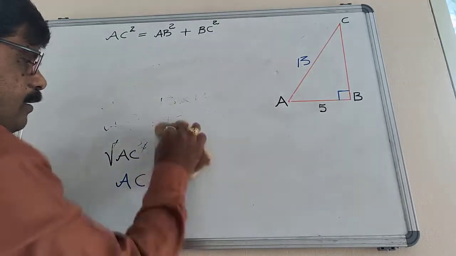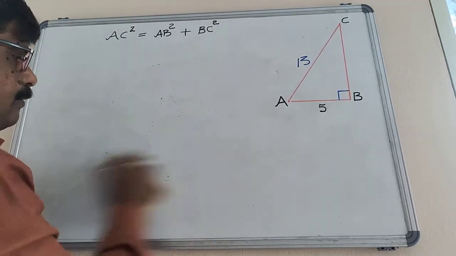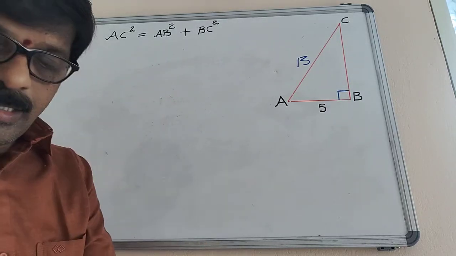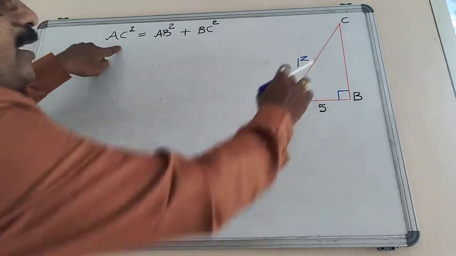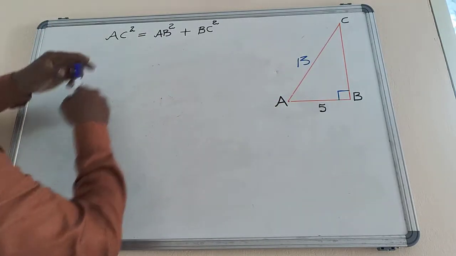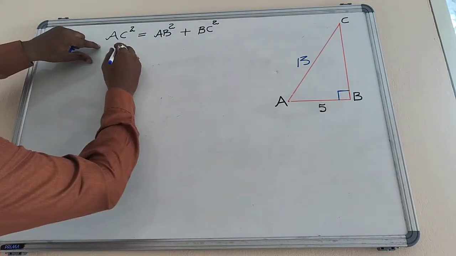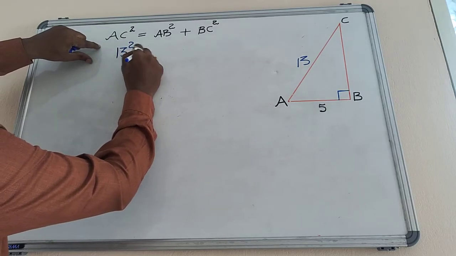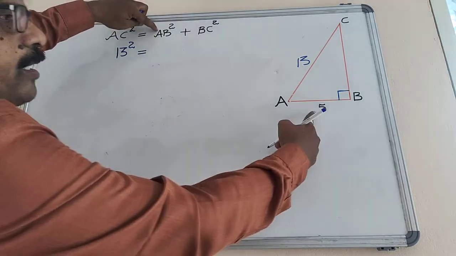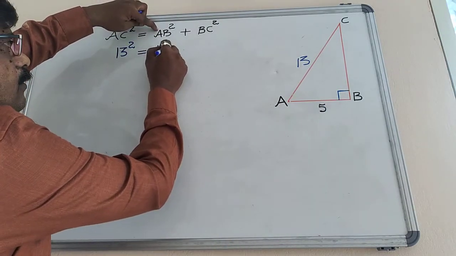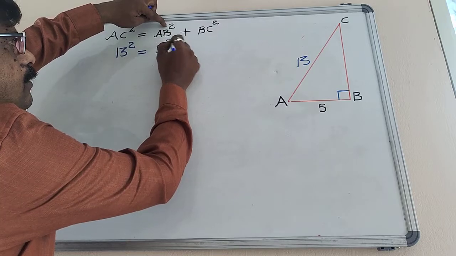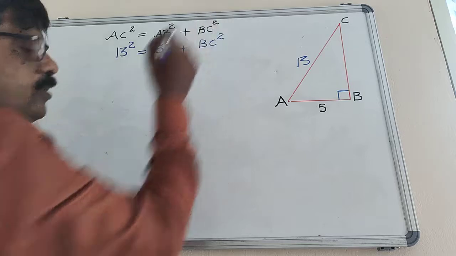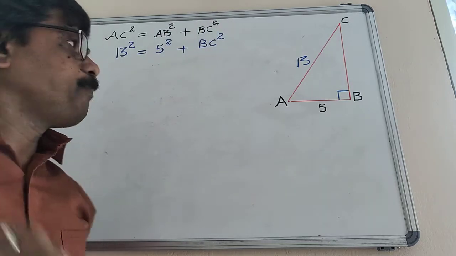In the same way, AC is given to be 13. So 13 square equals AB square, AB is 5, so 5 square, plus BC square.